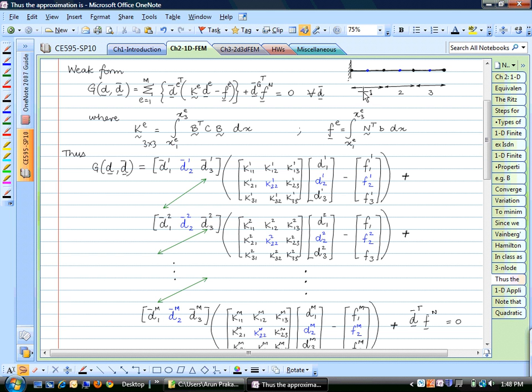If I have 2 nodes per element and 3 elements, so 3 elements means total 4 nodes, so that's 4 degrees of freedom, right? In this case, since each element actually has 3 nodes, then with 3 elements, the total number of nodes is going to be 1, 2, 3, 4, 5, 6, 7. So I've just increased the size of my stiffness matrix to a 7 cross 7 instead of a 4 cross 4. And in general, that is also going to be true for higher dimensions.